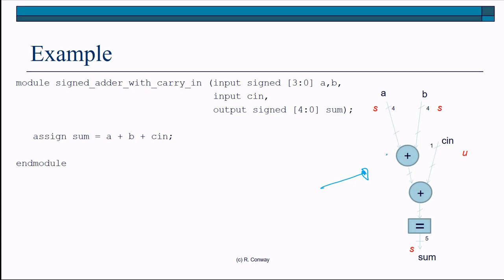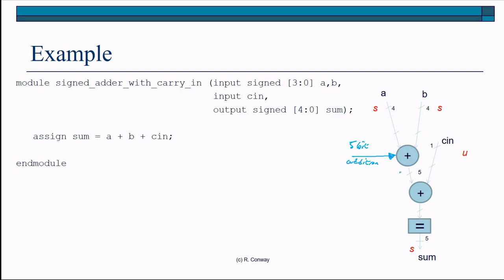We have two context-determined operators, both addition operators, and the result of the second addition is then assigned to sum. A is signed, B is signed, Cn is unsigned, and sum is signed. Starting with this context-determined operator, we can quickly see that the addition will be a 5-bit addition, yielding a 5-bit output.